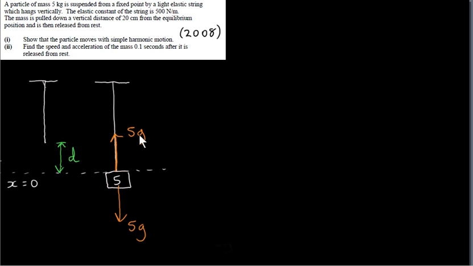But by Hooke's law, we know that this force is due to the string, and the string force, or spring force, well, it's a string here, is proportional to the extension of the string, which is d, and the proportionality constant is the spring constant, which is 500. So the magnitude of the string force is the spring constant times the extension, 500 times d.